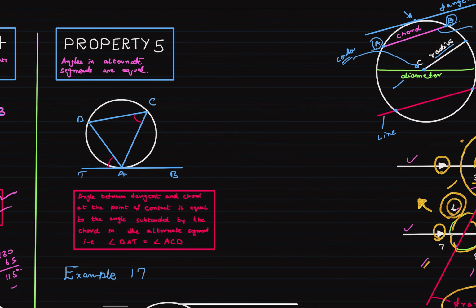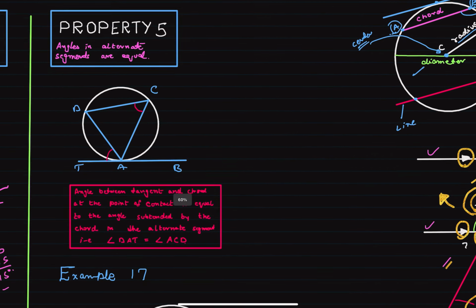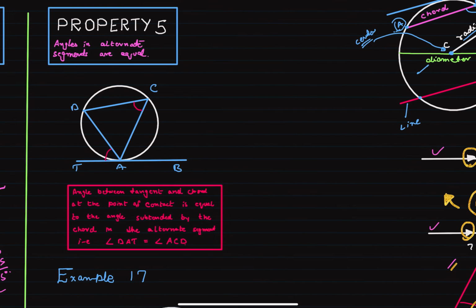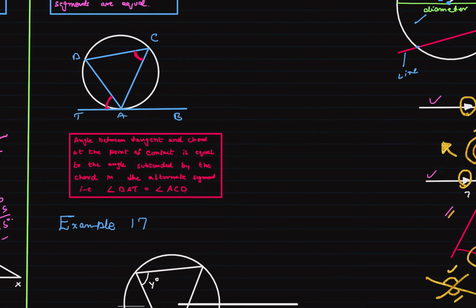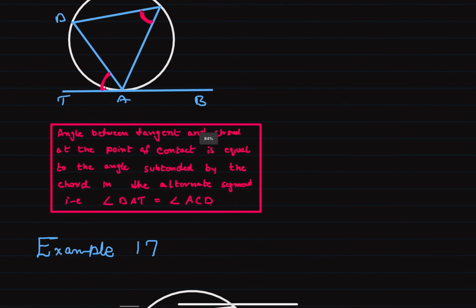And the last property: angles in alternate segments are equal. This is a tricky thing to understand. Angles in alternate segments, you can see in the diagram that these two angles are equal, right? What is the connection? The connection is written here.